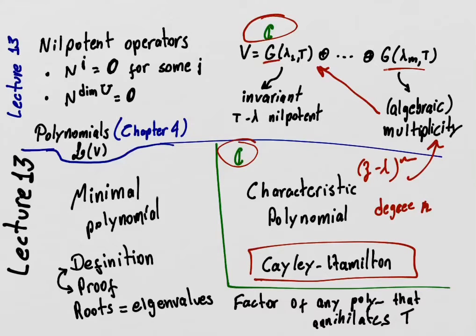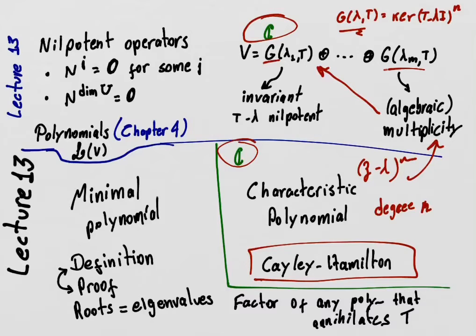In the proof of Cayley-Hamilton theorem, we just had to note basically that not only g of lambda t equals the kernel of t minus lambda I to the n. Of course, this is how you define it, because you don't know yet what the algebraic multiplicity is before you have g of lambda t.